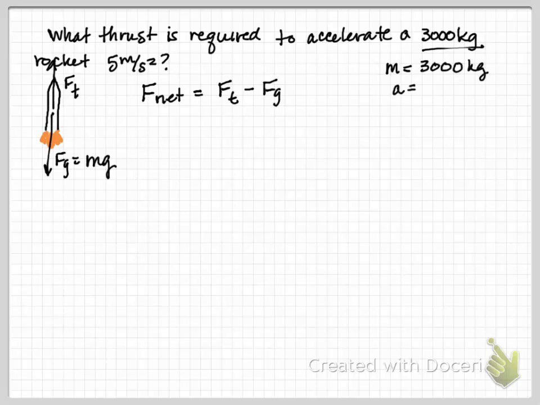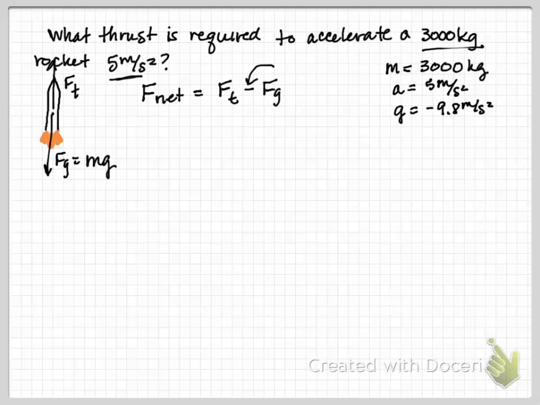We know the acceleration of the rocket is 5 meters per second squared. Acceleration due to gravity, negative 9.8 meters per second squared. We took care of that piece with that minus right there.